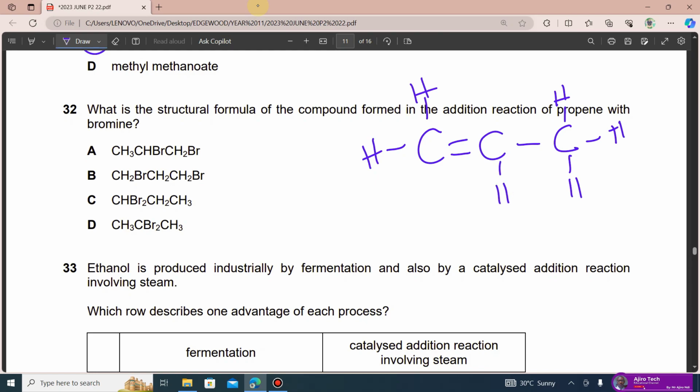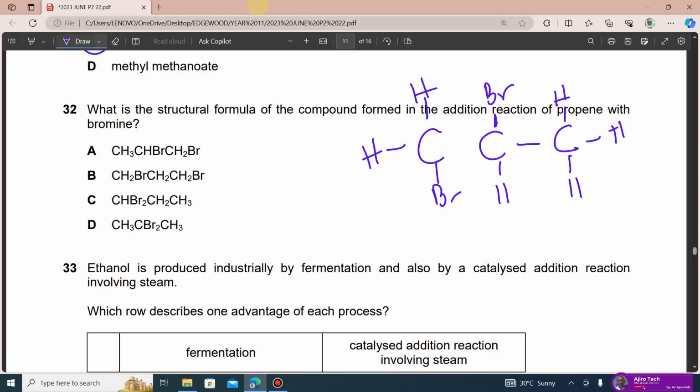So when you add bromine, what bromine does is break this double bond and attach 2 bromines to each of the 2 carbons in between the bond. Okay, so it attaches the bromine to the 2 carbons of the double bond that was broken. So when we do this, we're going to have a new structure, and then we can find out what the structure is going to look like.